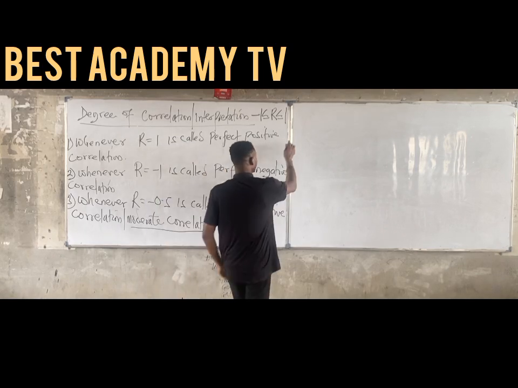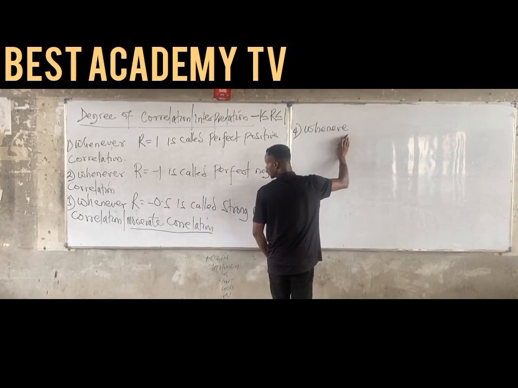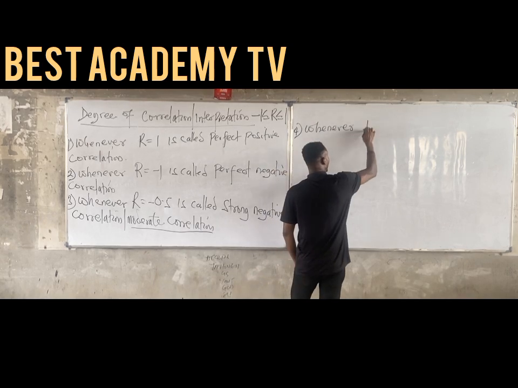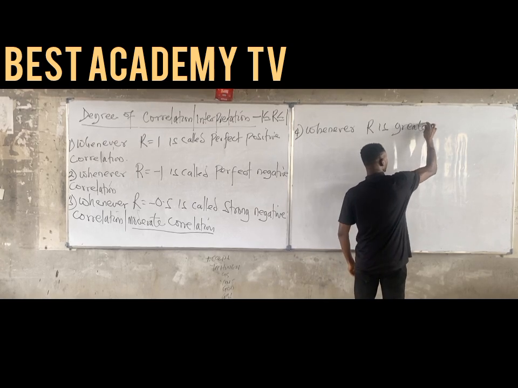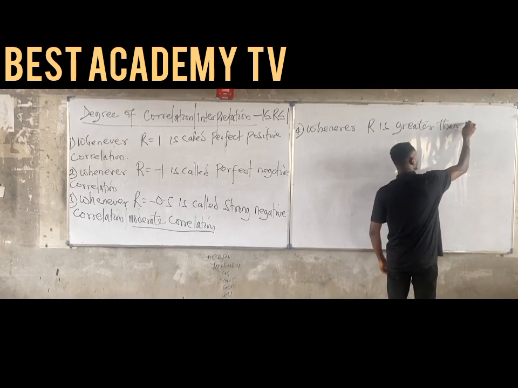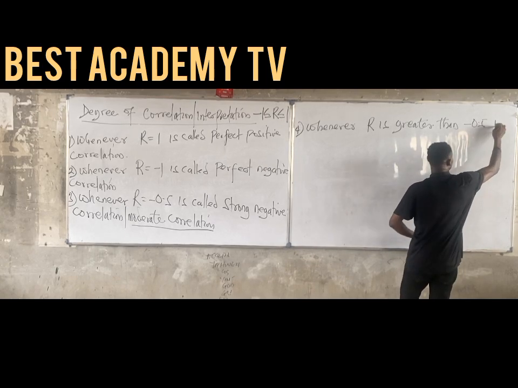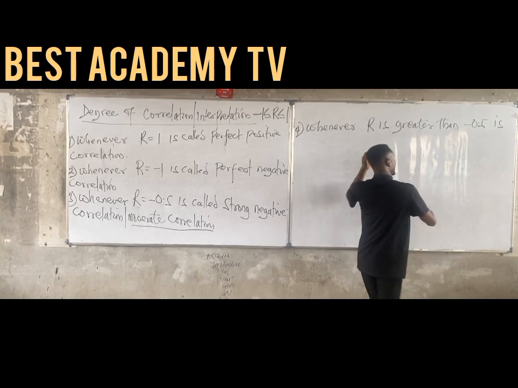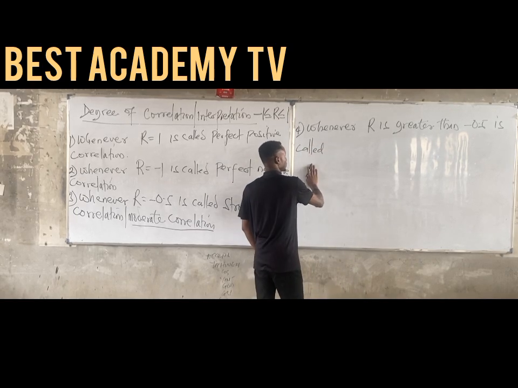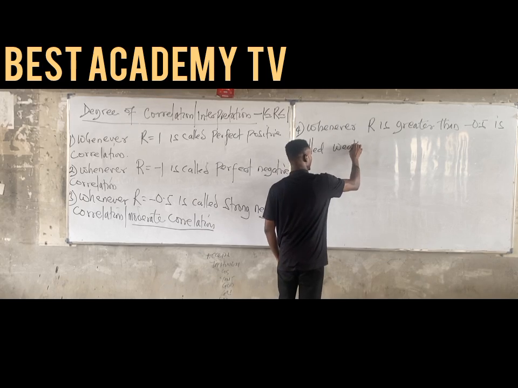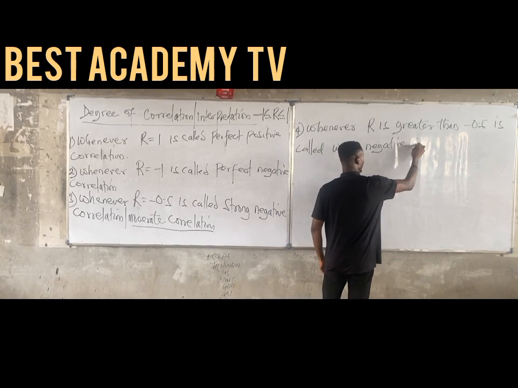Whenever r is greater than minus 0.5, it is called weak negative correlation.